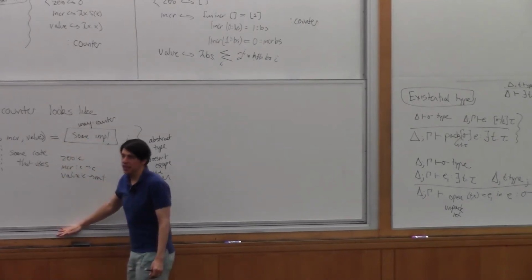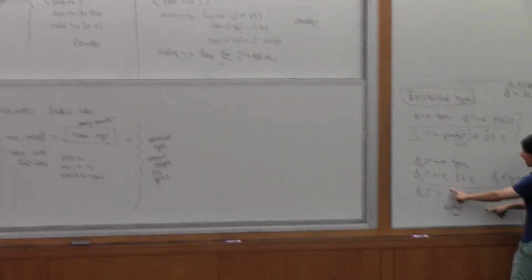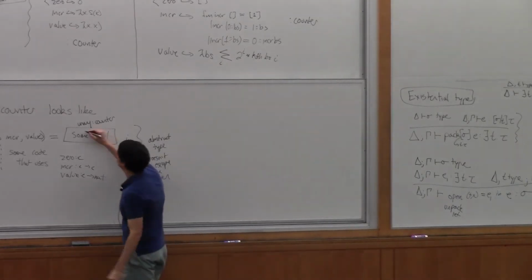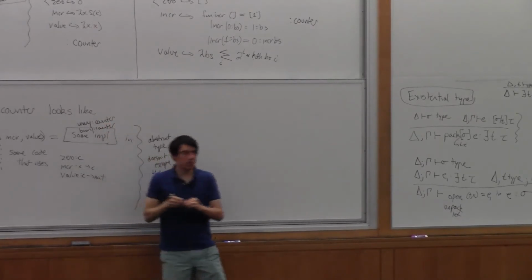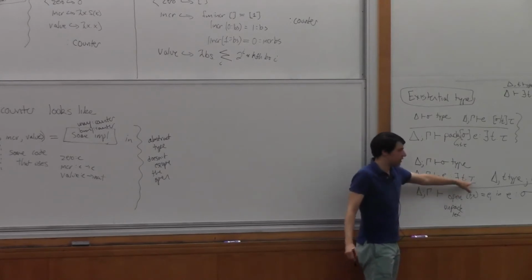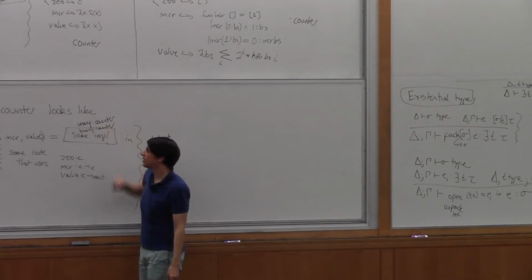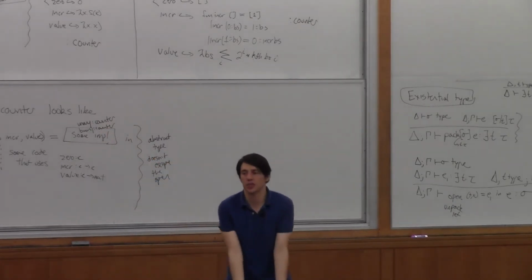Okay? And note that this will type check. If this type checks for unary colon counter, then it also type checks for binary colon counter, because right here all we want to know is that this has type exists t dot tau, and both of those have type exists t dot the implementation of a counter.